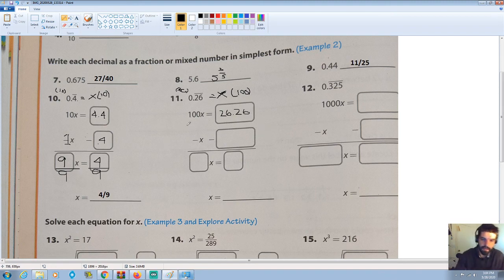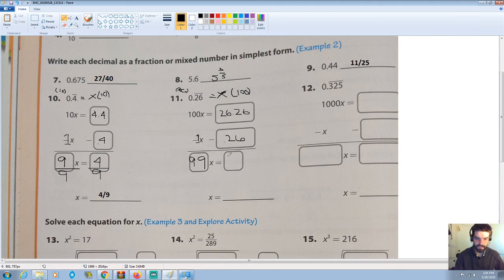Now, again, we're going to subtract that 1x. 1x is equal to that 0.26 that we defined in the very first step. So we have 100x minus 1x, which is 99x. And then we subtract that 0.26.